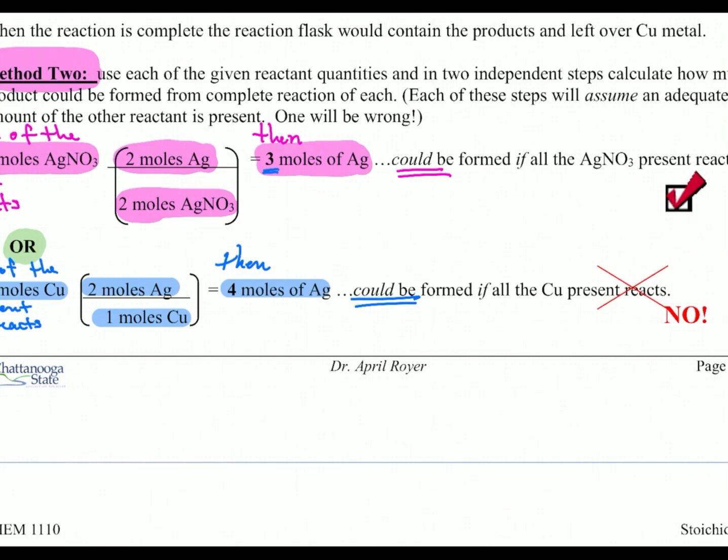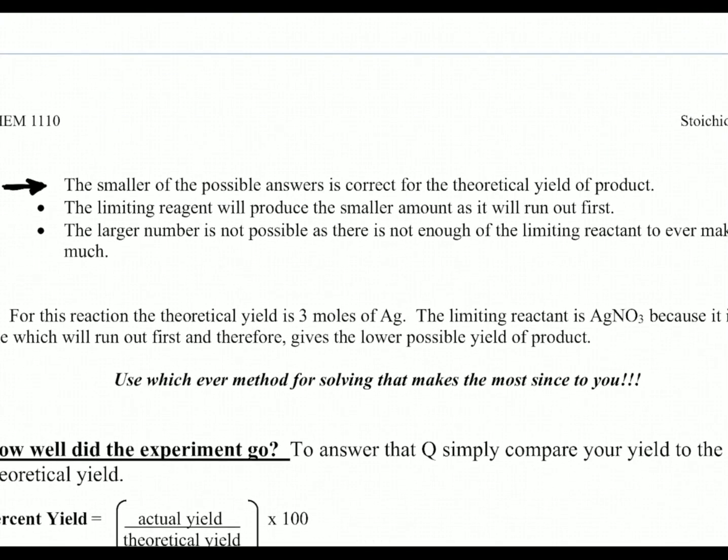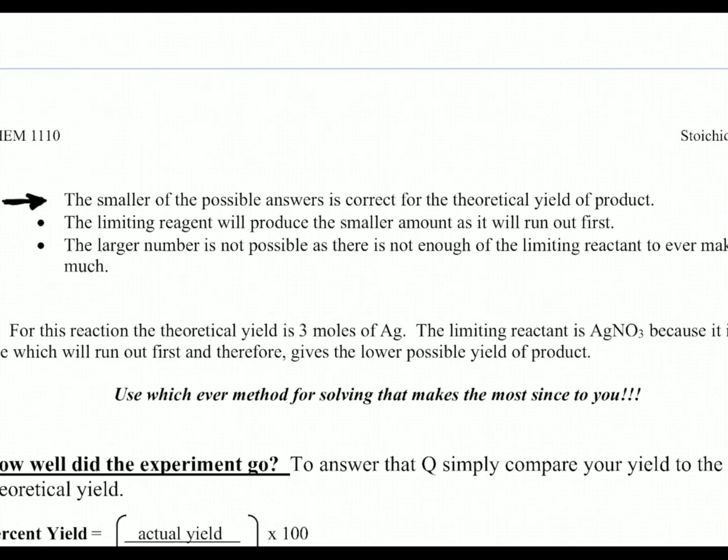That means you're going to keep grabbing 1 copper, 2 silver nitrate, over and over. And then when you go to reach again, you're not going to have any more silver nitrate, even though there is copper left over. So what that tells you is that the smaller possible answer you're going to get from those 2 calculations is the right answer.